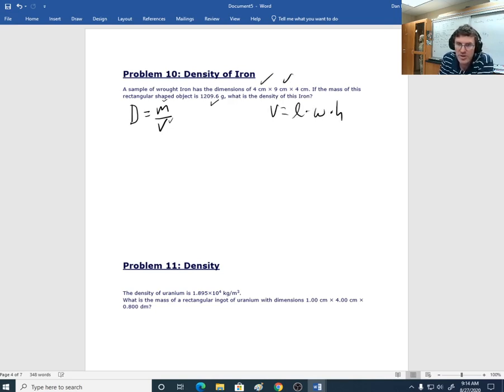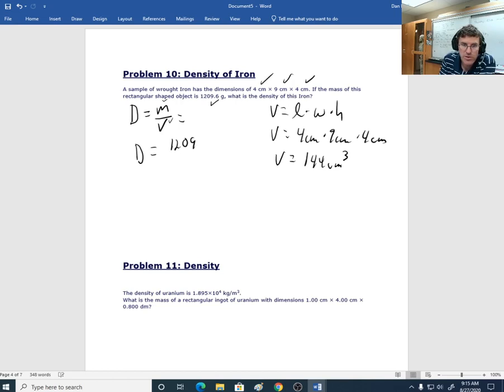Centimeters, centimeters, and centimeters all play nice with each other. And so our volume, when we multiply that, is 144 cubic centimeters. Centimeters times centimeters times centimeters is centimeters cubed. So now we can simply fill in D equals 1209.6 grams divided by 144 cubic centimeters.